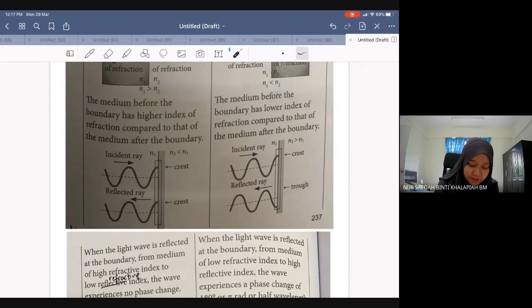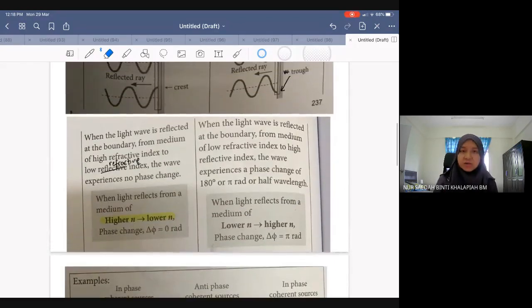So what happens? When the incident ray touches the upper surface of the film, it is at a crest. When it reflects back, it turns into a trough. So the reflected ray starts with a trough here. There is a phase change of the reflected ray from the incident ray.